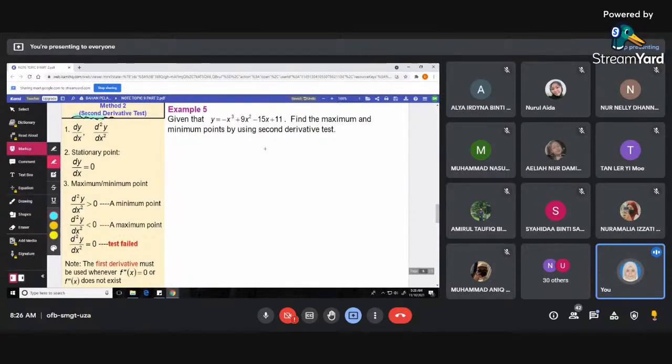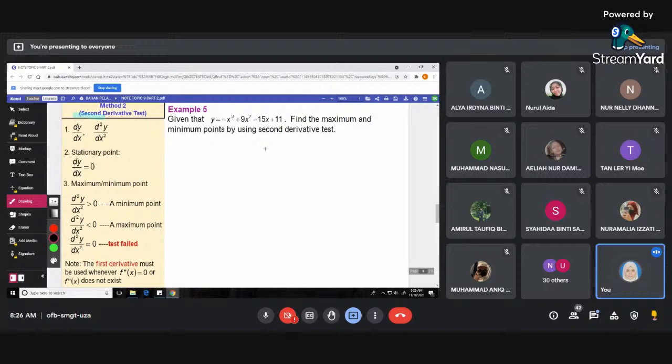The previous is first derivative test. So this one is second. So when second derivative test, first you need to find dy dx and d2y dx square. And number 2, you need to find stationary point. Like the previous question, you also find stationary point at dy dx equal to 0.